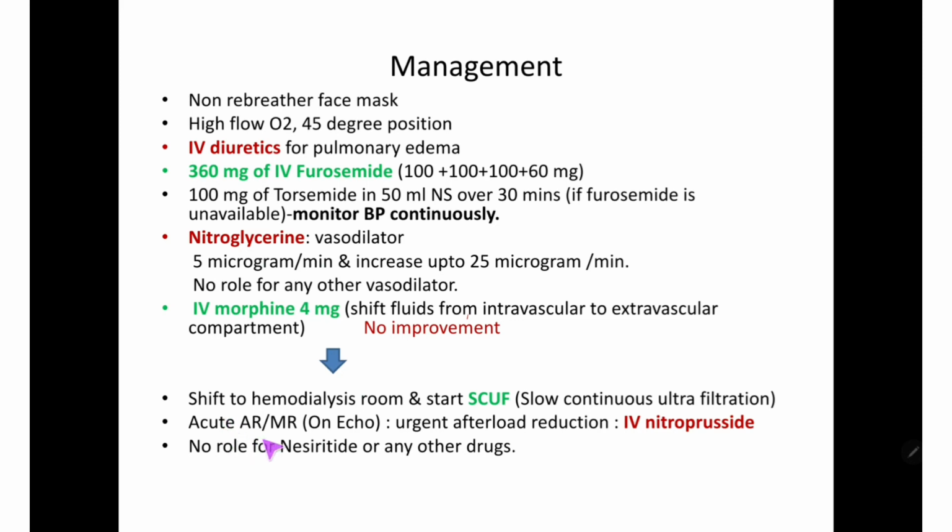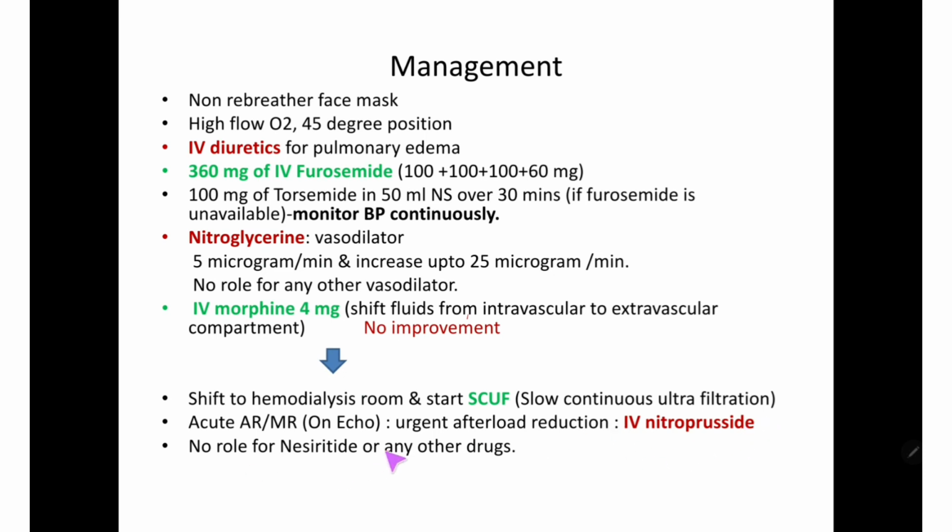Also, in case of acute AR and MR on echo, if we find that the cause of acute pulmonary edema is an acute AR or MR, then we need urgent afterload reduction. For that we use IV nitroprusside.